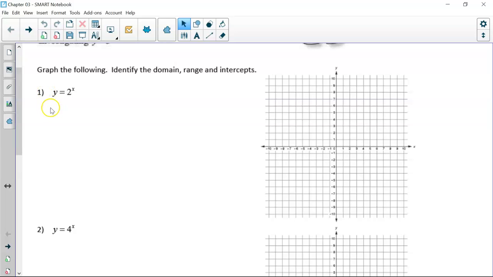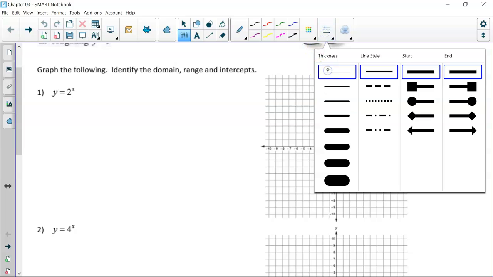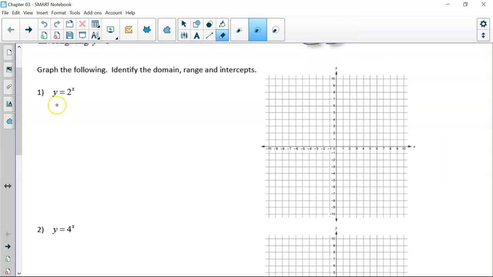So for problem number 1, we're going to make a table of values. In our table, we're going to include some positives, some negatives, and 0. So we have -2, -1, 0, 1, 2, 3. So when x is -2, it's 2 to the negative second, that means reciprocal.